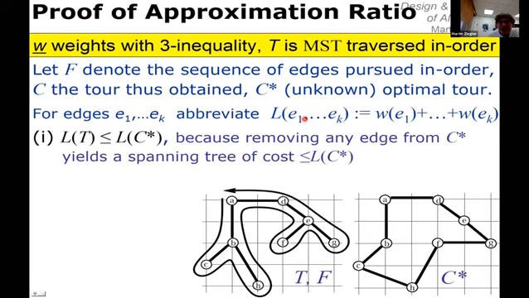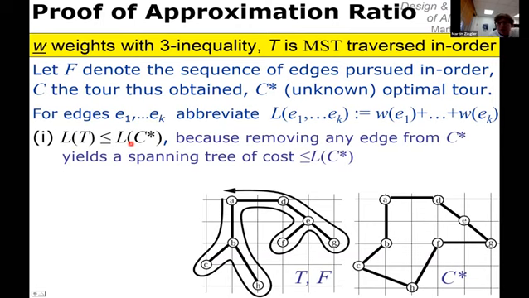So the first inequality is that the length, the sum of the weights in this terminology, of the edges constituting the minimum spanning tree is less or equal to the cost, the sum of the weights of the edges, produced by an optimal tour. Okay, let me say it again.